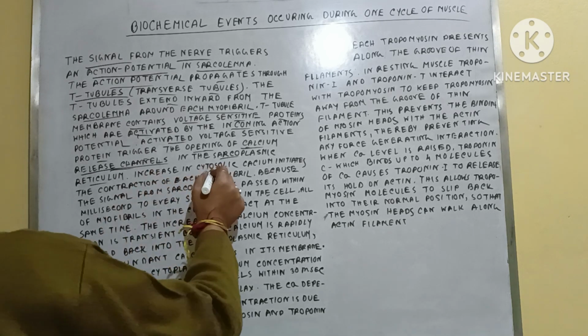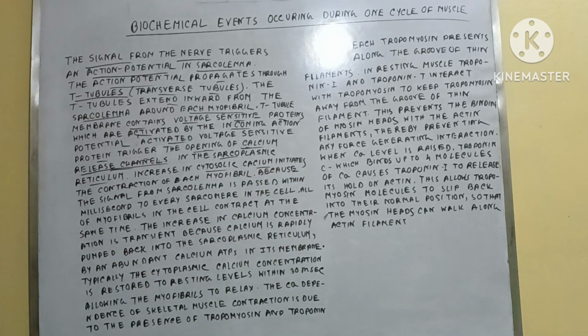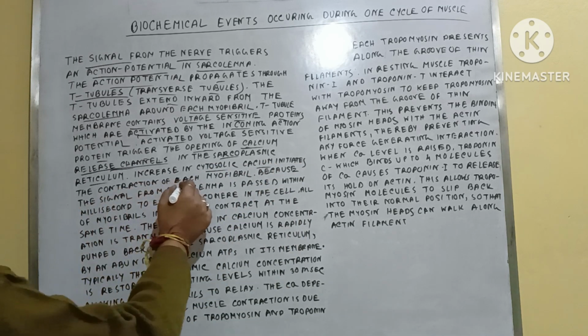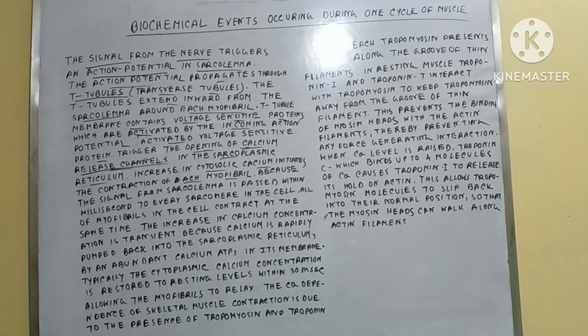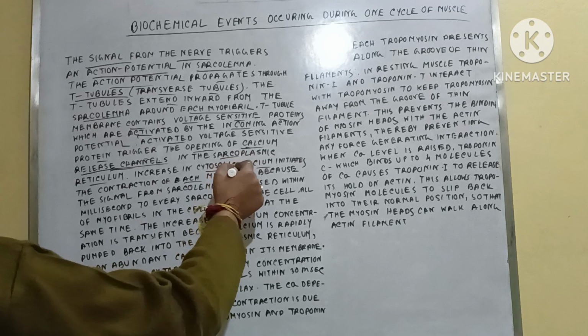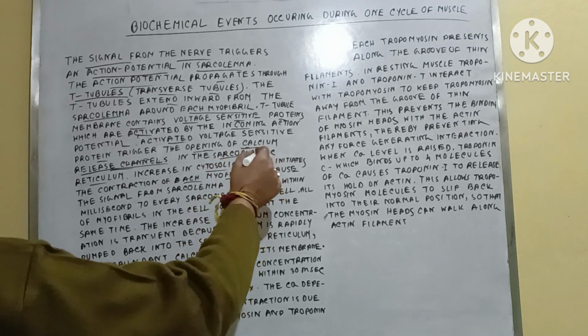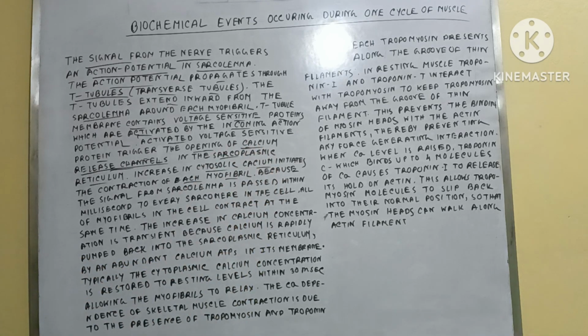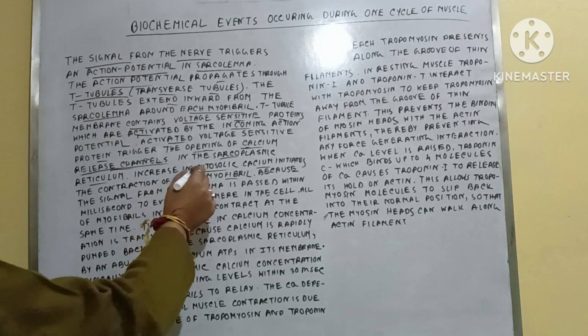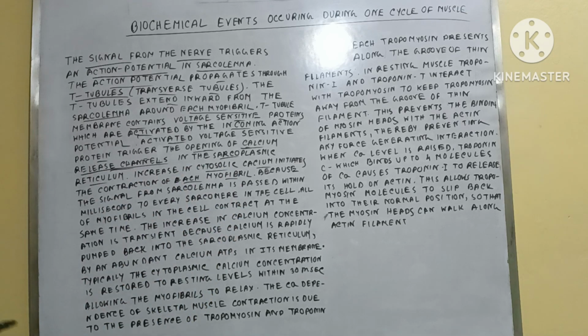So there is an increase in the cytosolic calcium. When the calcium level increases, the contraction of each myofibril occurs. Okay. So when the cytosolic calcium level increases, then the contraction of the myofibril starts.